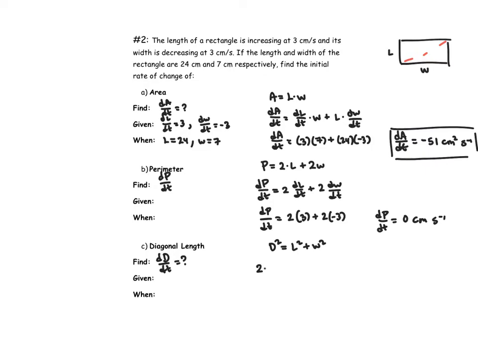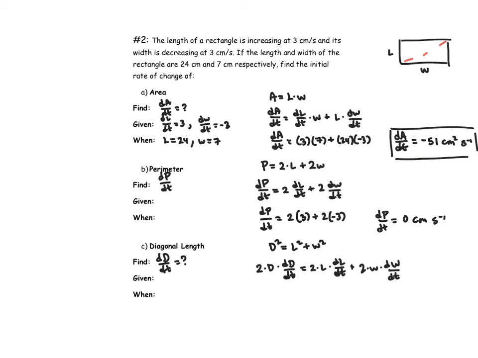So that'd be 2 times D times dD/dt equals 2 times L times dL/dt, plus 2 times W times dW/dt.